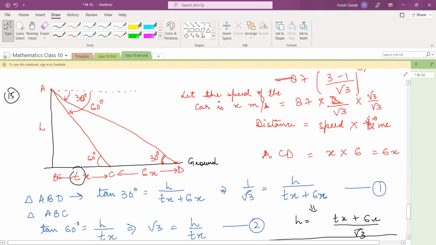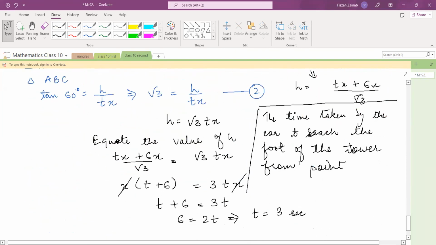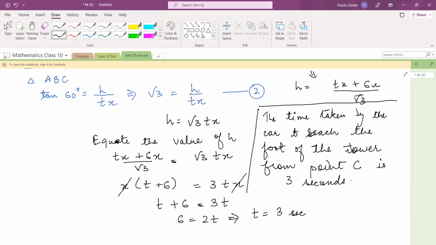From point C. C is 3 seconds. Fine, Amna? Okay, please write it down.